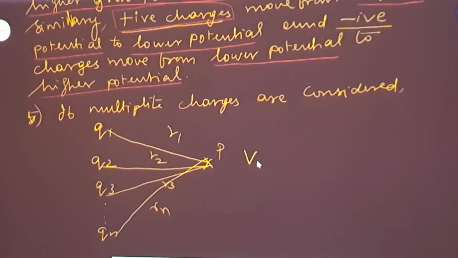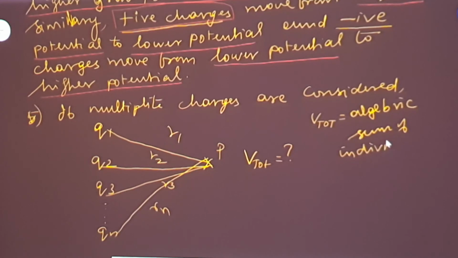Then what is the total potential or the net potential at this point? The net potential at this point is nothing but the algebraic sum of the individual electrical potentials.